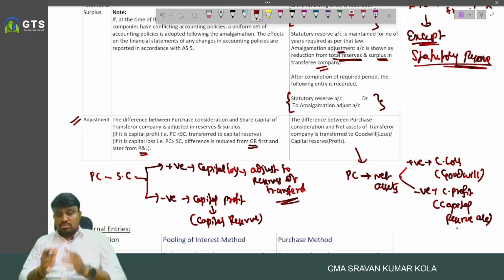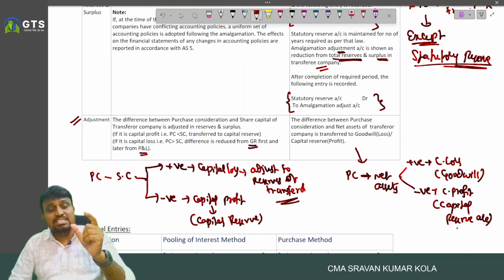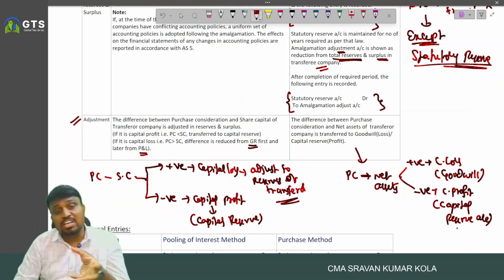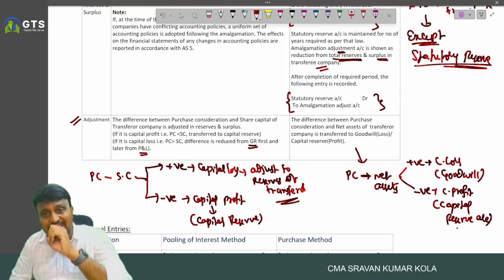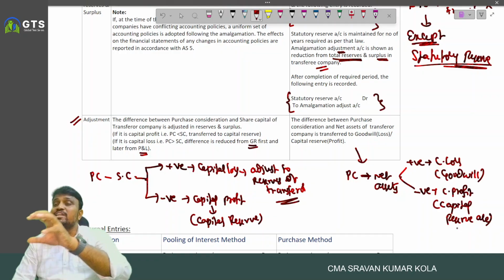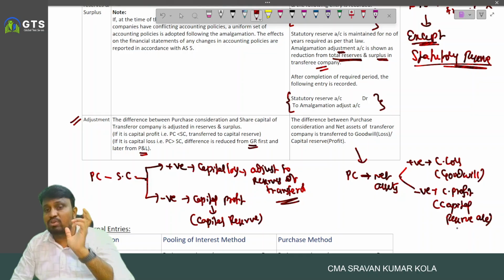Understood? So in case of amalgamation in the nature of merger, purchase consideration is compared with the share capital of the transferor company. In case of amalgamation in the nature of purchase, it is compared with the net assets of the transferor company.